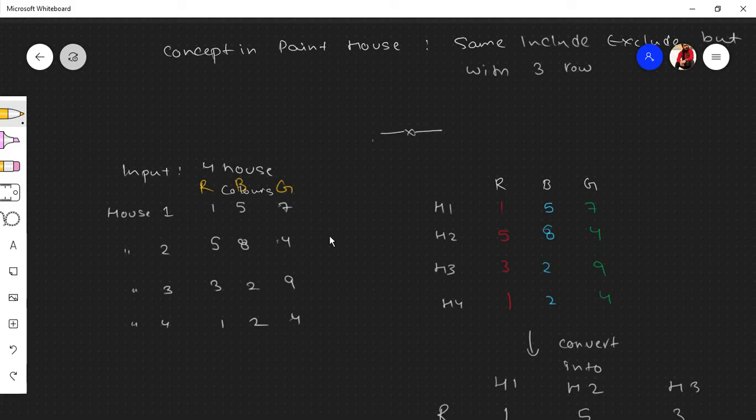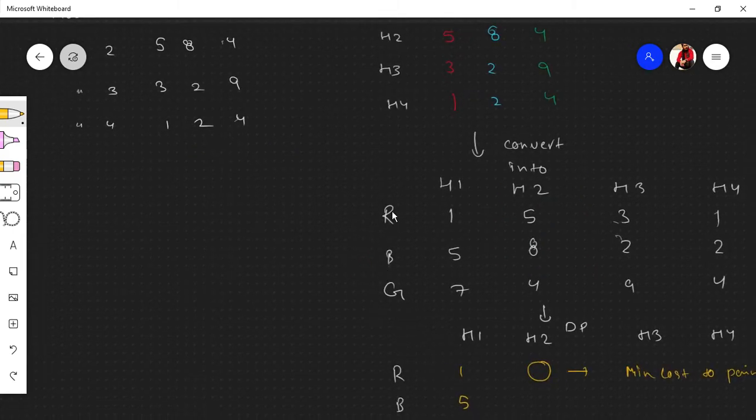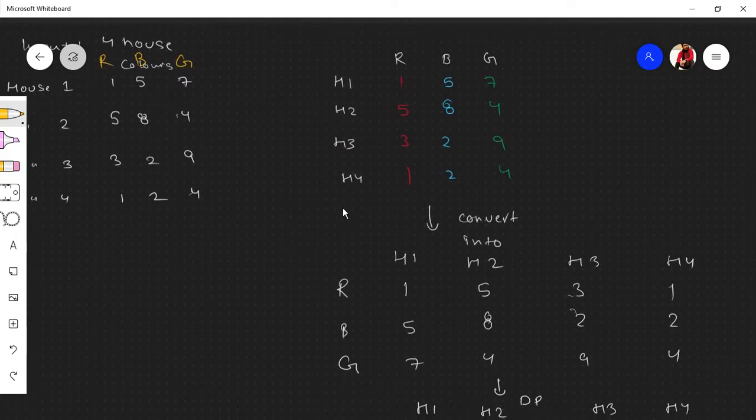So I'll just jump on to the solution. What we are doing is, firstly, this input is given in a rotated form; if you want to solve it, you need to rotate it once. You need to bring it into this form. For every house, you basically rotate it 90 degrees, or just swap the rows and column numbers.